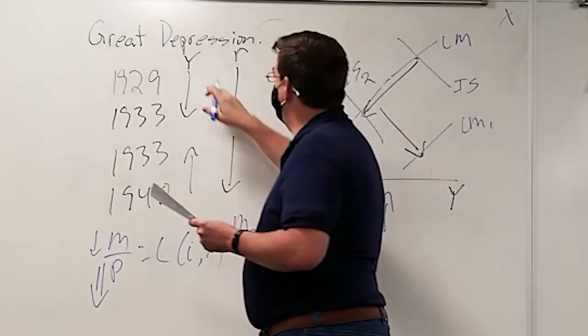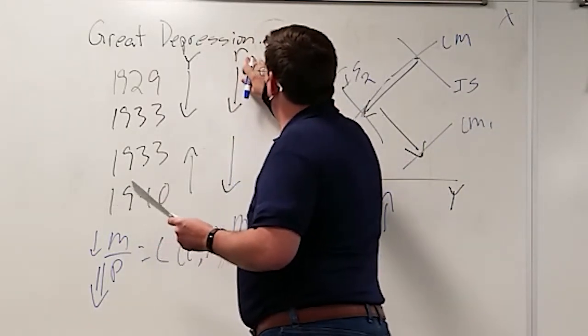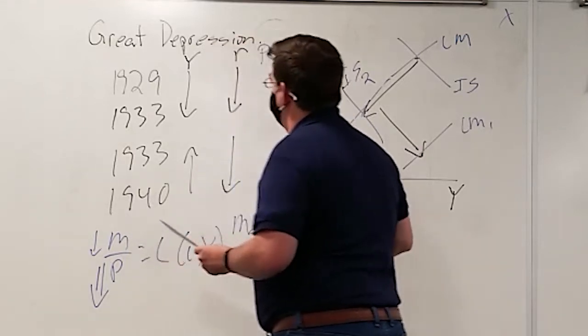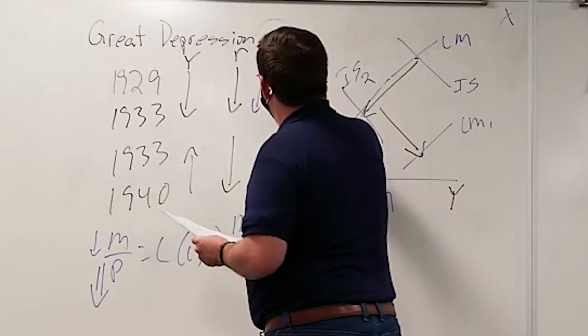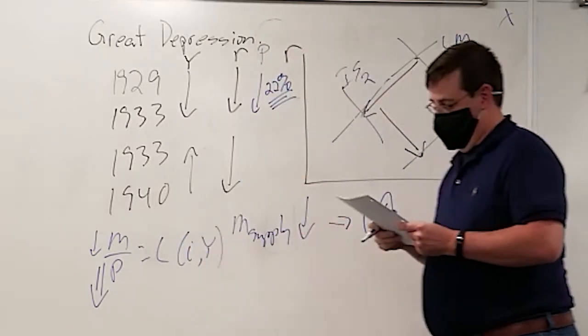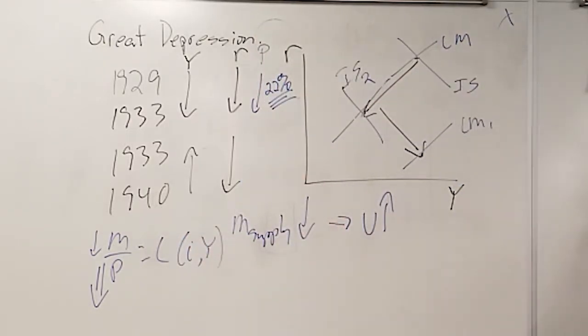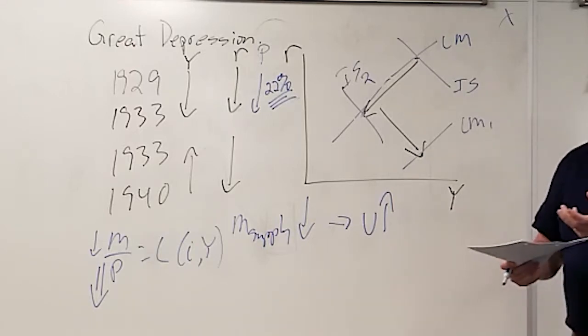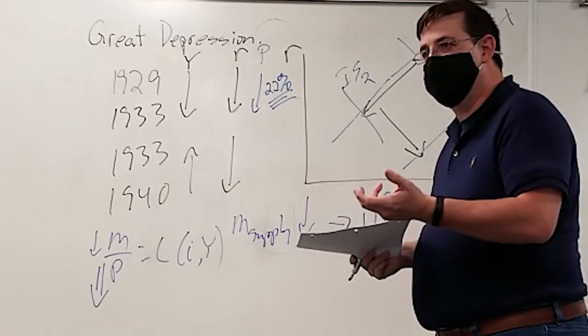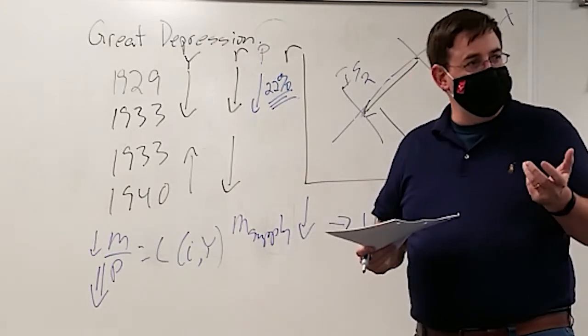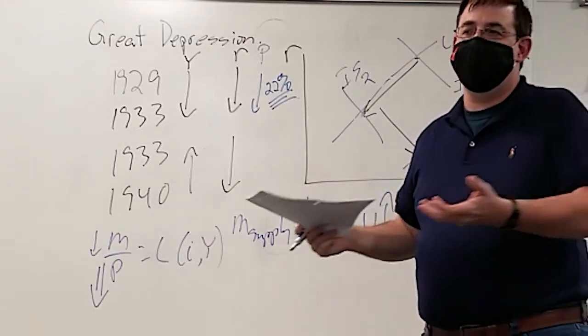Prices fell, so here's output, here's interest rates. Prices fell 22%. Now, usually, when prices fall, that's a signal of increases in productivity. Why are things less expensive than they were in the past to the extent that they were?